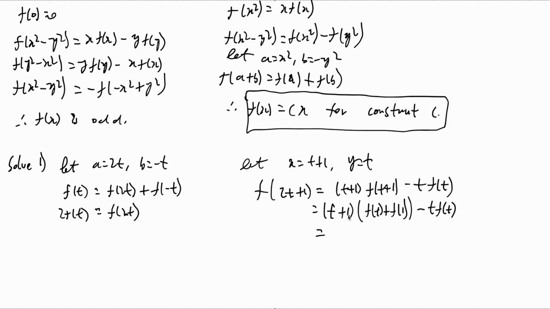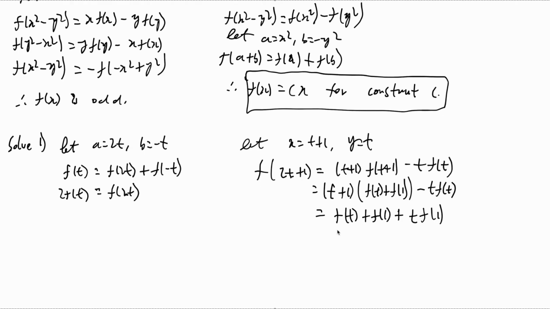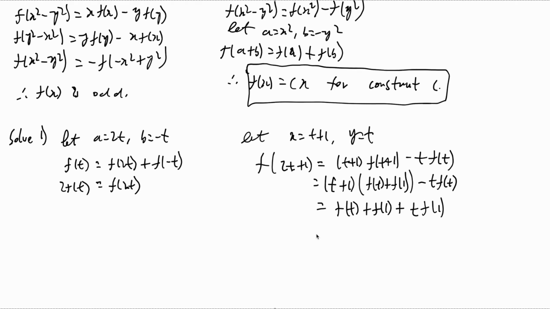Notice that these two cancel out, so we have f of t plus f of 1, plus t f of 1. And let's switch this up, plus f of 1 equals f of t plus f of 1 plus t f of 1.